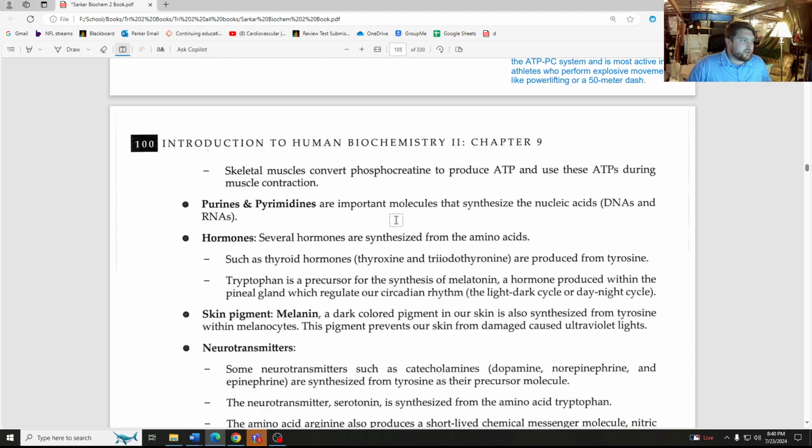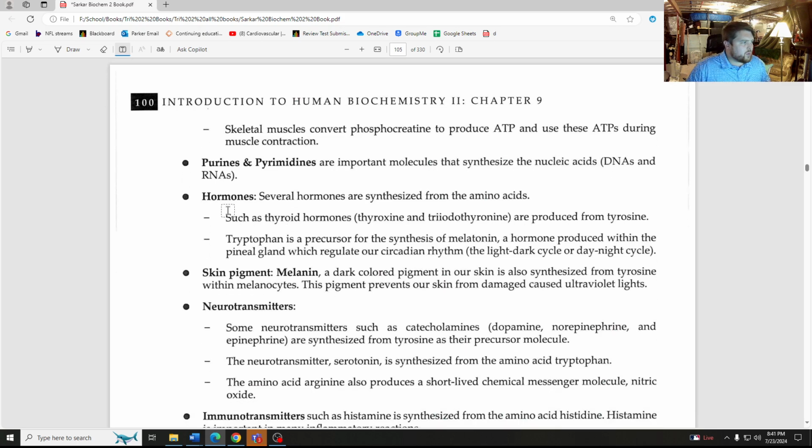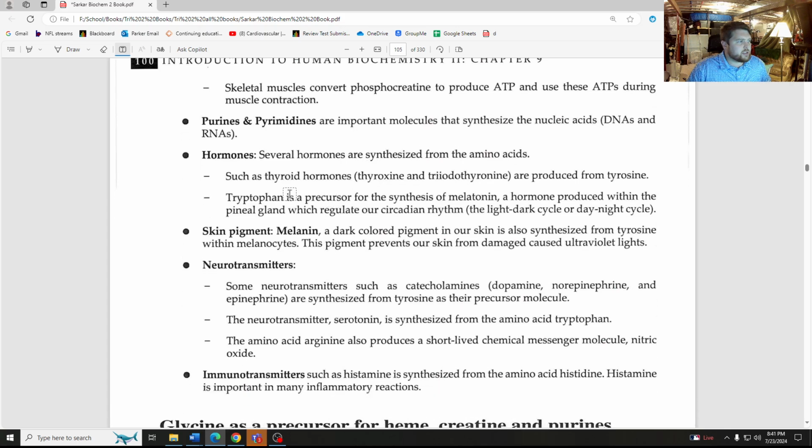Purines and pyrimidines are important molecules that synthesize the nucleic acids, DNA and RNA. Our hormones are synthesized from amino acids, such as thyroid hormones thyroxine and triiodothyronine, which are produced from tyrosine. These are our T4 and T3.